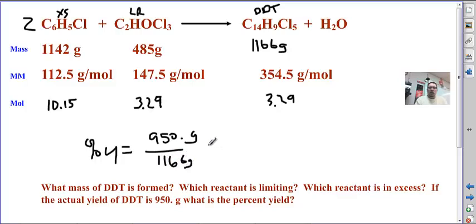Apologize for my writing, the pen's going a little crazy. Times 100. So when I divide that and multiply by 100, my percent yield, and you can do the math, comes out to be 81.5%.